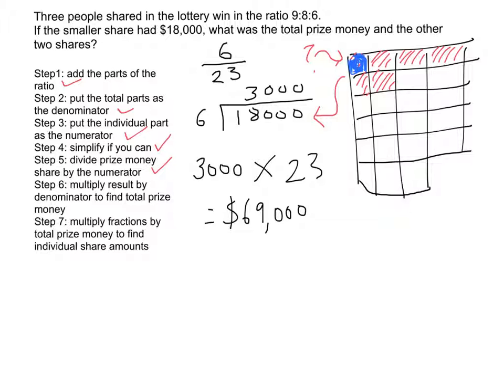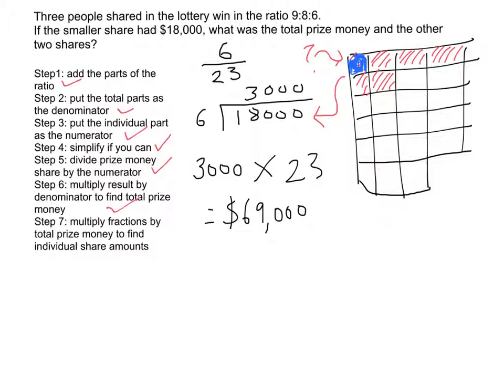So now we've found the total prize money. So we're halfway there. The rest is pretty easy. All we have to do now, so let's actually tick step 6. So step 6 is done. Now all we have to do is multiply fractions by total prize money to find individual share amounts.